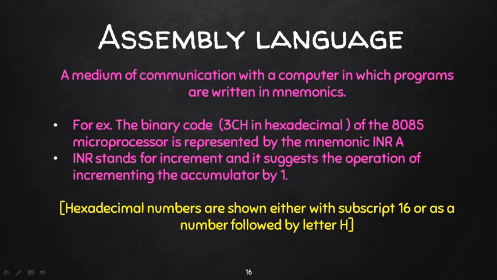Going back to the example, the binary code 3CH of the 8085 microprocessor is represented by the mnemonic INR A. INR stands for increment, and it suggests the operation of incrementing the accumulator by 1. What is the accumulator? It is a register, which we will see in detail when we go to the architecture of 8085. So it will increment the value of that register by 1.